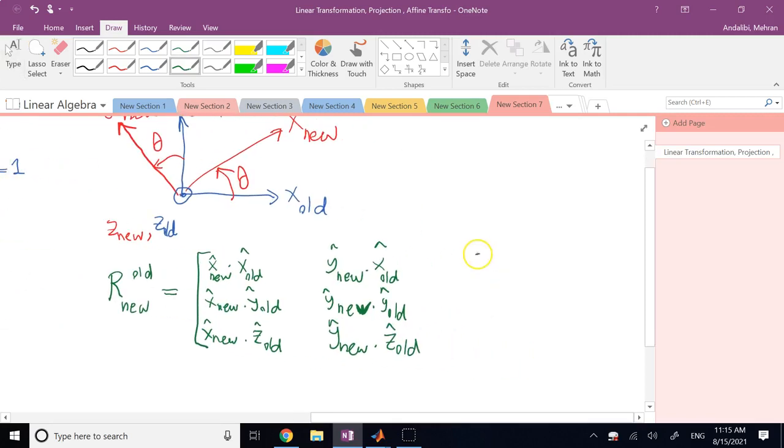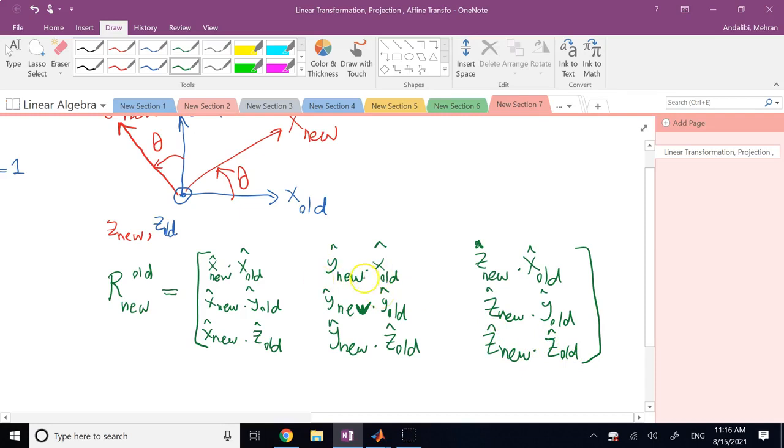And finally, you have z new dot product again with all three old axes. Okay, so this is how we form a rotation matrix. It has 9 components.